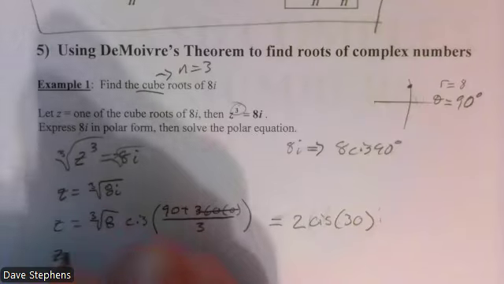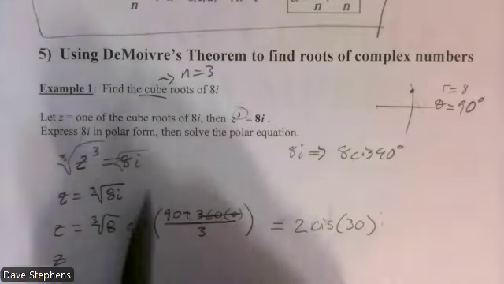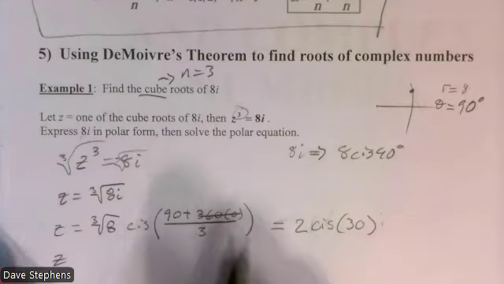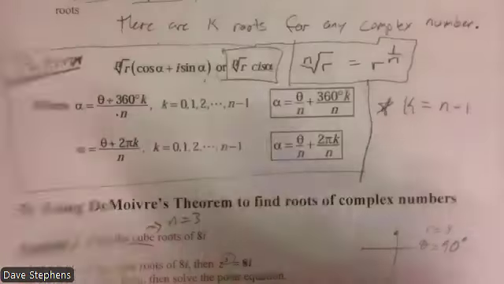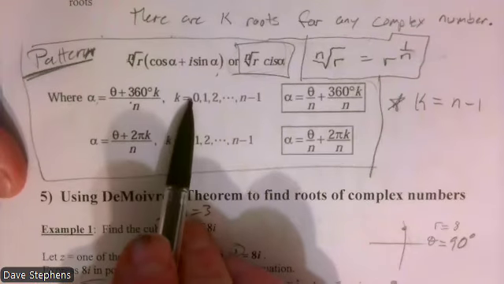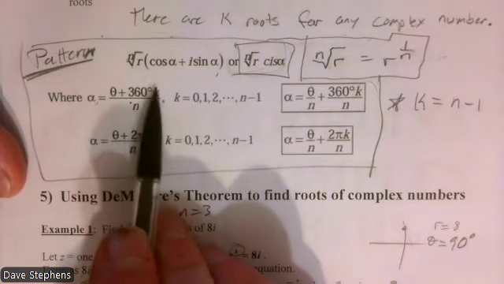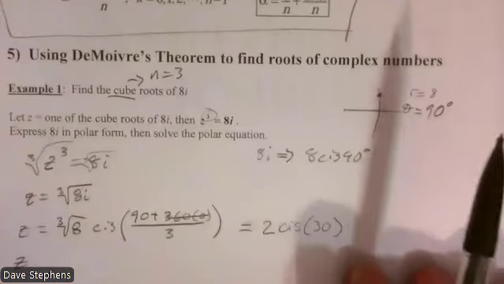All right, let's go find another one. We know that there's going to be 3 total. So we started with k equal to 0. Now we're going to go to the next one where k is equal to 1. We're going to plug it into our formula here.